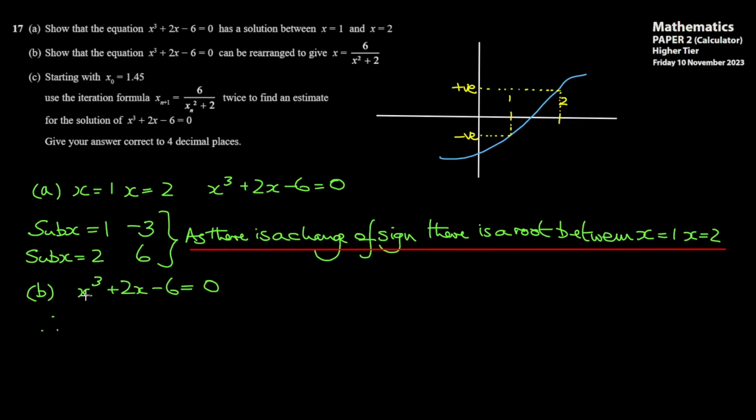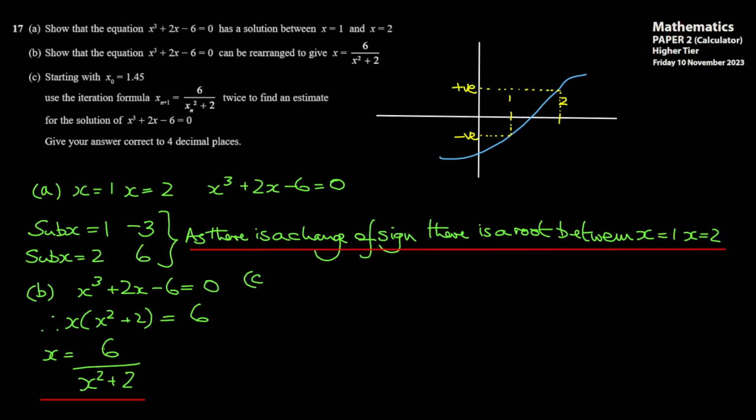Let me show you. So taking that x out, this becomes x squared plus 2. And I might as well put the 6 on the opposite side. This becomes positive 6. Now you can see what's happening. So that x must be equal to 6 divided by x squared plus 2. So there's the proof for part B.